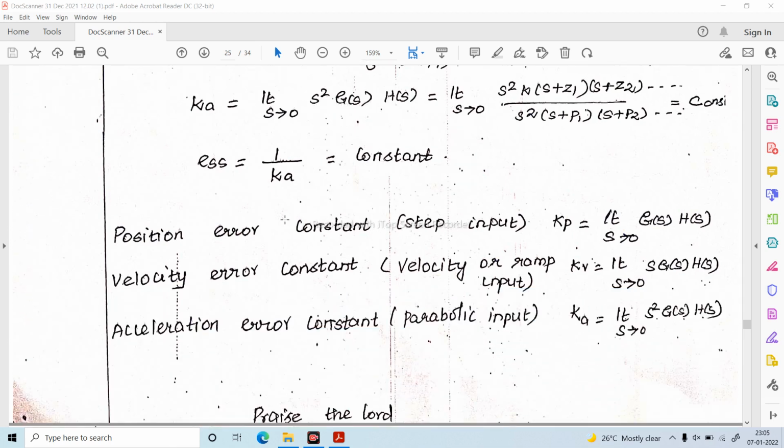So from this I conclude the positional error constant for the step input is Kp equal to limit s tends to 0 g of s into h of s. Velocity error constant, for the velocity or ramp input, Kv equal to limit s tends to 0 s into g of s into h of s. And acceleration error constant for the parabolic input, Ka equal to limit s tends to 0 s square into g of s into h of s.